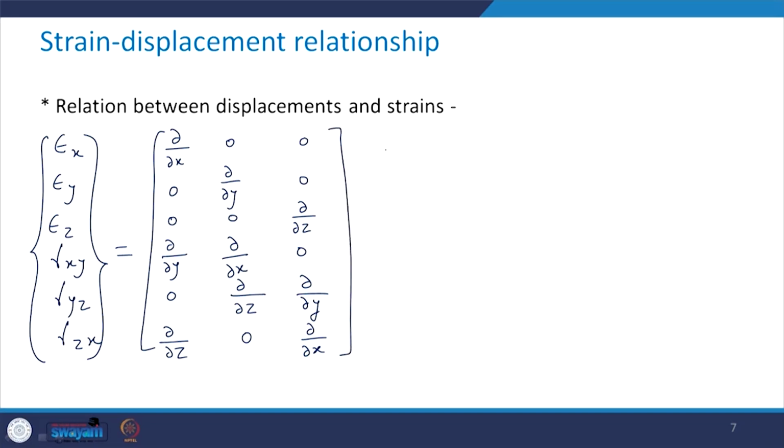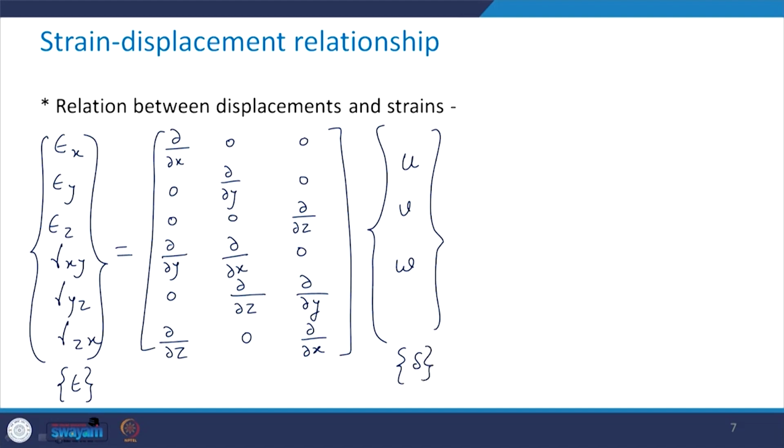This matrix is multiplied by the displacement vector, which is u, v and w. This is your strain vector and this is your displacement vector. This is what defines the relationship between displacement and strains.